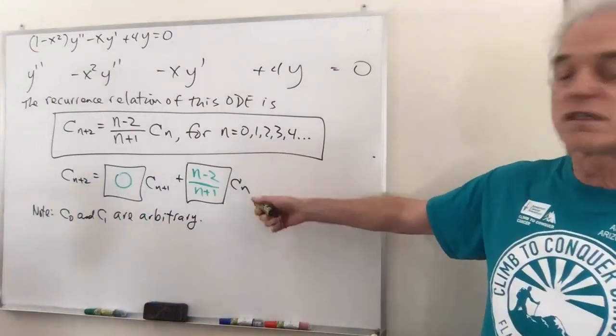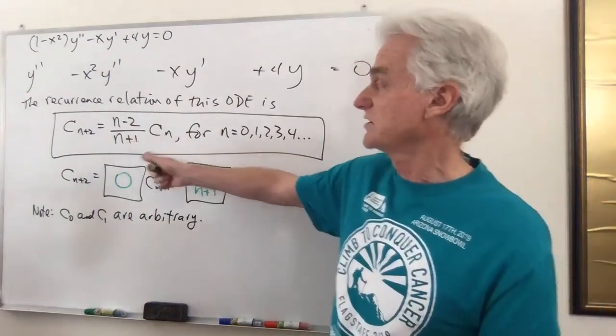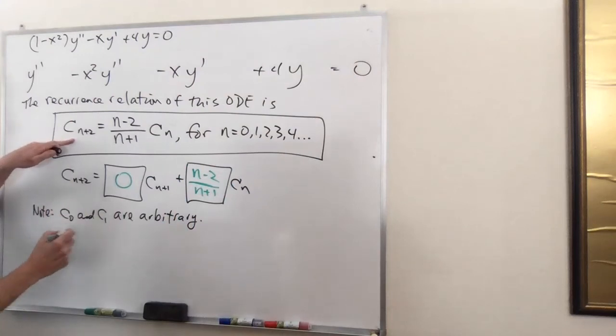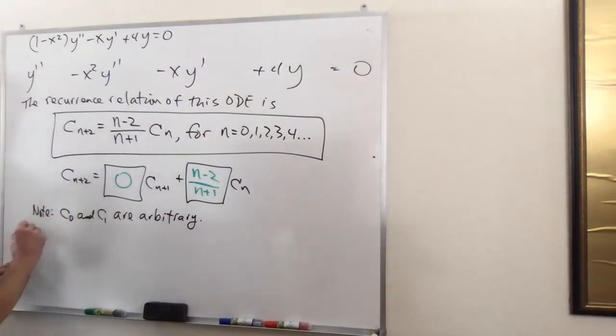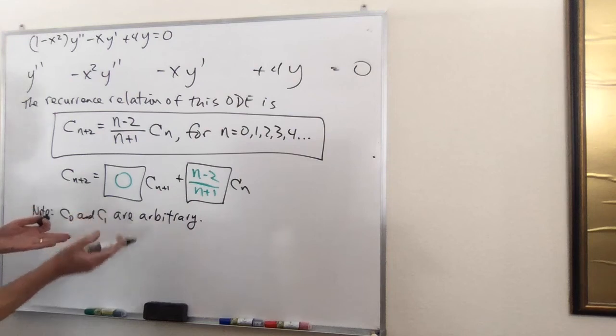The first equation, when n equals 0, is C2 is something, and then C3 is something, right? So the recurrence relation gives C2, 3, 4 all in terms of C0 and C1.